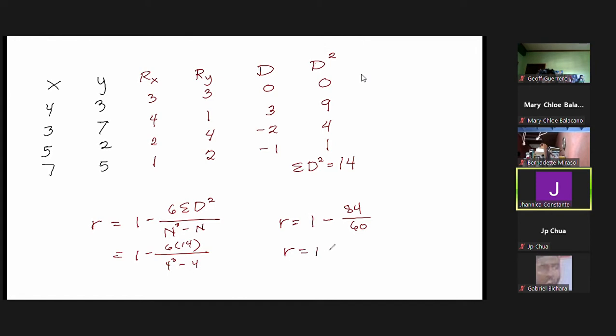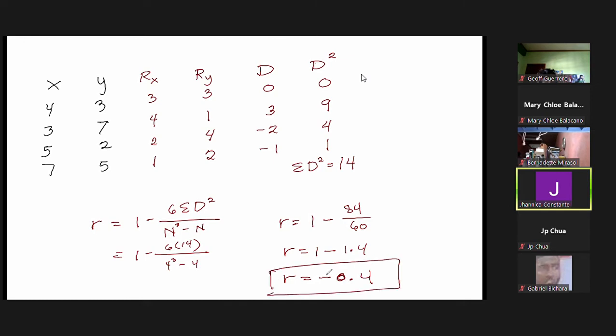So correlation is 1 minus 84 divided by 60, which is equal to negative 0.4. So our correlation between the variable x and y is equal to negative 0.4. So that is our correlation.